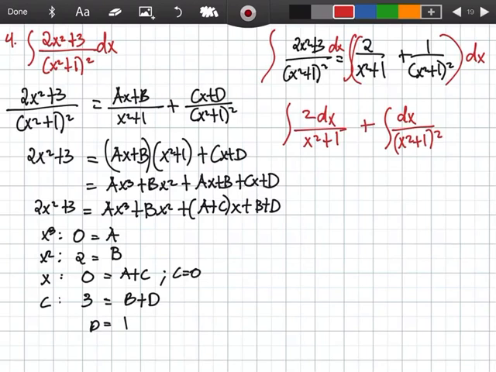Okay, so it is also hard to integrate, class, because it is x squared plus 1 squared.